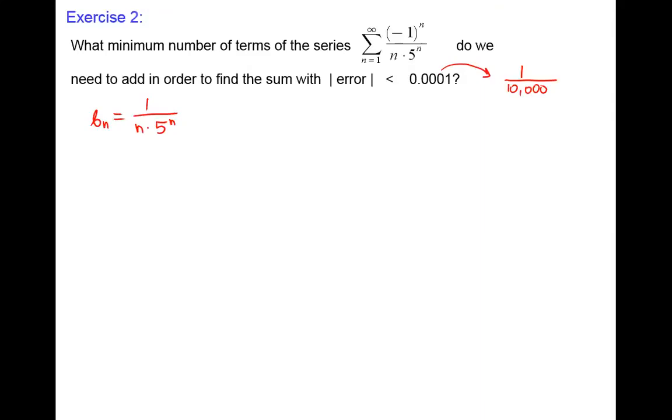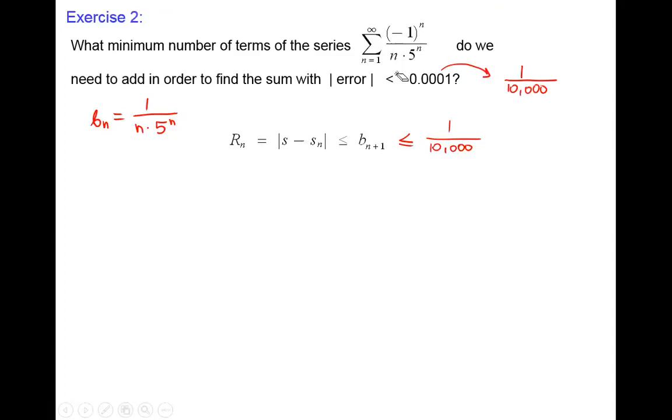That's my alternating series estimation theorem. I'm looking for the term that is less than or equal to 1 over 10,000. And again, after finding the term, I always have to take one number less for the partial sum in order to keep this accuracy.